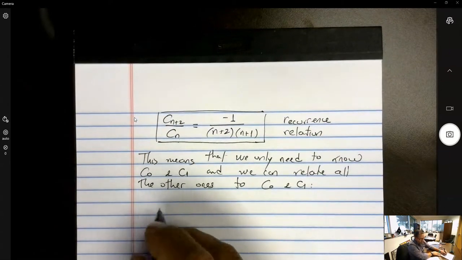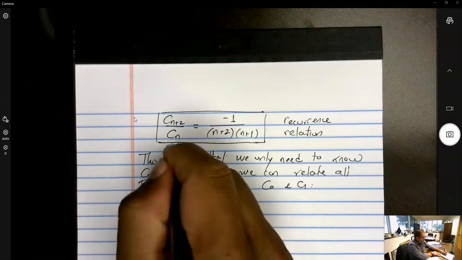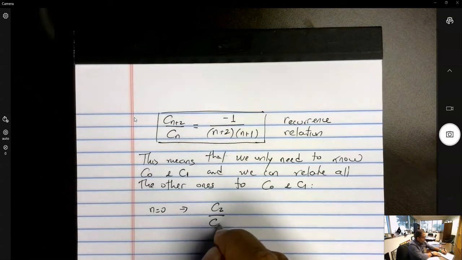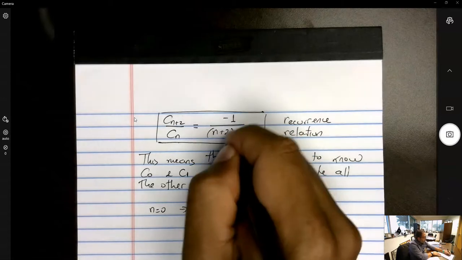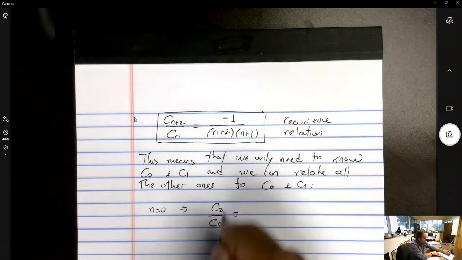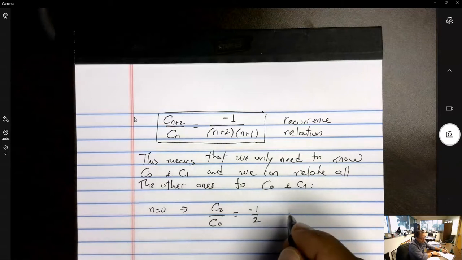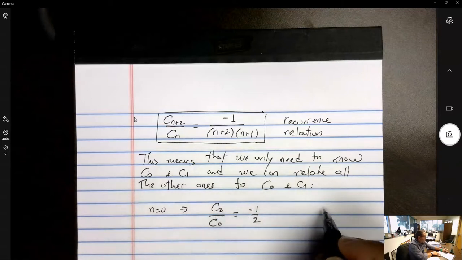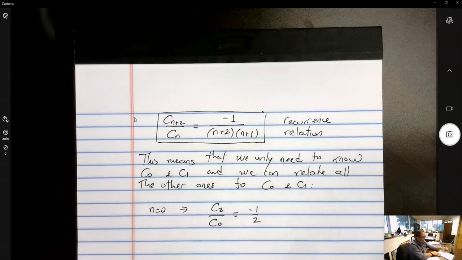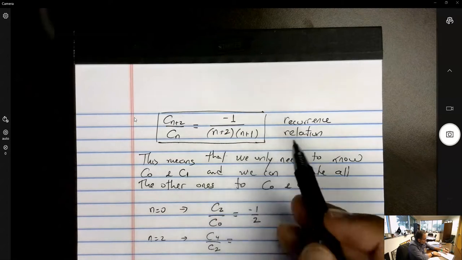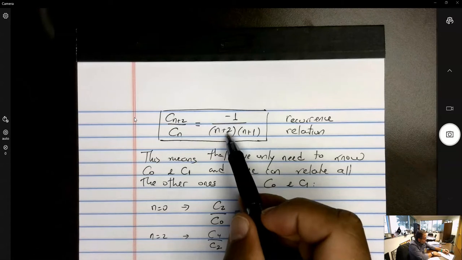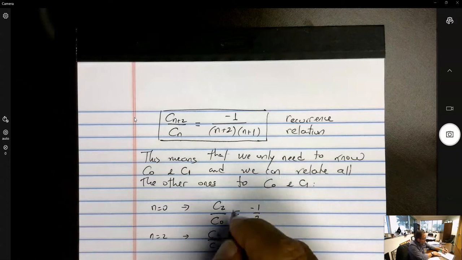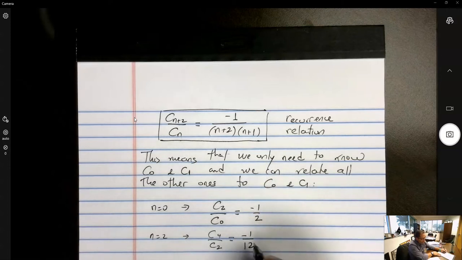So for n equals 0, we have C2 over C0 is equal to minus 1 divided by 2 times 1, so minus 1/2. So that leads to C2 is equal to minus 1/2 of C0. For n equal 2, I have C4 divided by C2 is equal to minus 1 divided by 4 times 3, so minus 1/12, right?